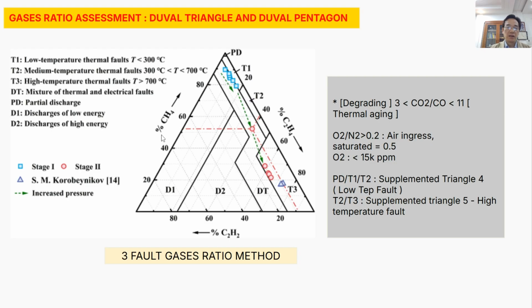On each edge of the triangle, we have a scale calibrated from 0 to 100%. Clockwise, we have CH4, C2H4, and C2H2.